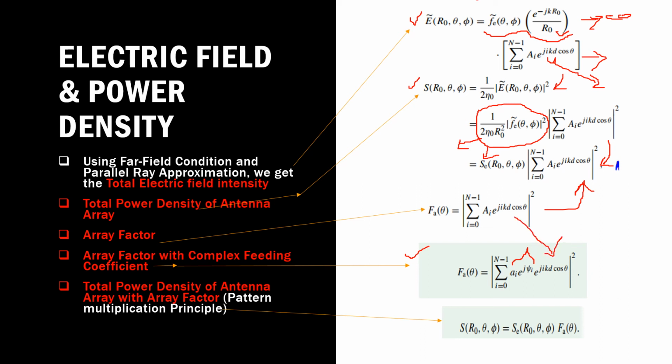The power density of the antenna array with array factor can be obtained by the pattern multiplication principle, and it allows us to find the far field power density of the antenna array by first computing the far field power pattern with antenna elements replaced with isotropic radiators, which yields the array factor Fa, and then multiplying the results by Se, the power density of a single element, which is the same for all the elements.